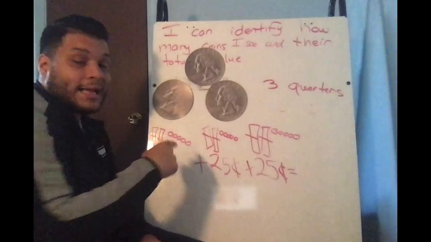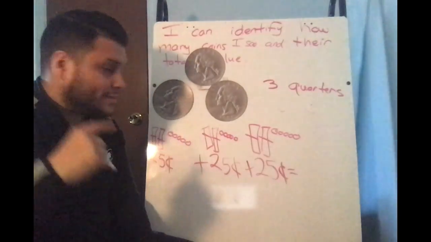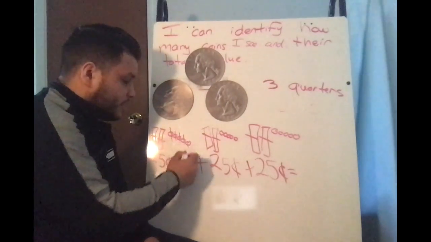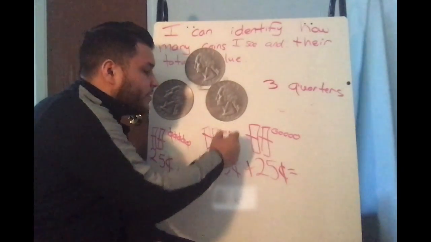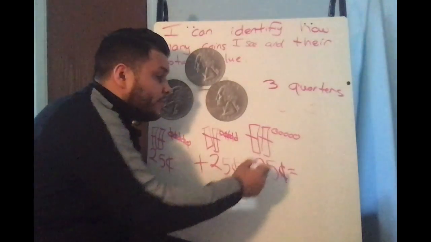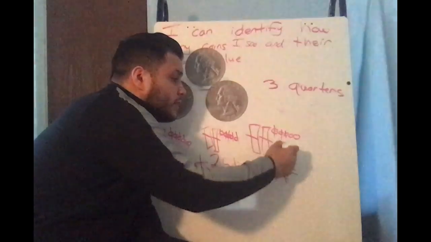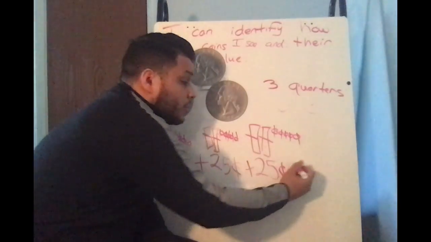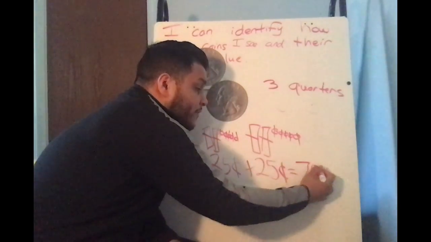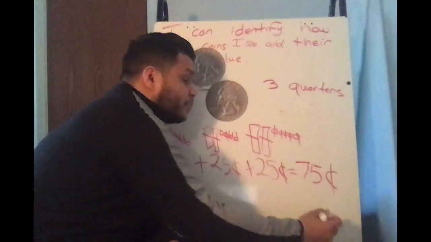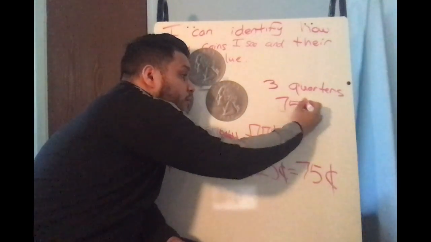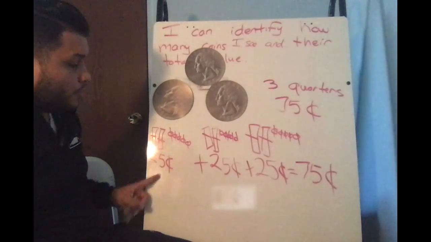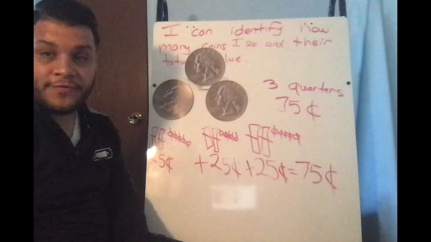Now I'm going to go back and count all of my 1s starting at 60. 61, 62, 63, up to 75. So 3 quarters is equal to 75 cents. Remember to label. 3 quarters is equal to 75 cents. I counted 25, 1, 2, 3, 3 different times.